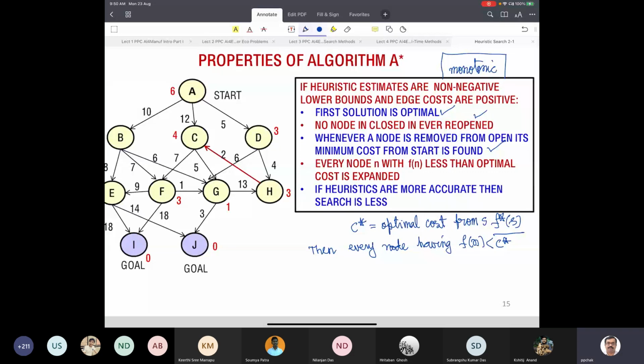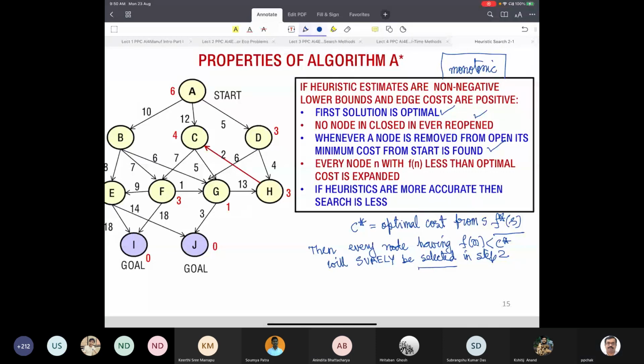Then every node having f(n) less than C star will surely be expanded, selected in step 2, correct?